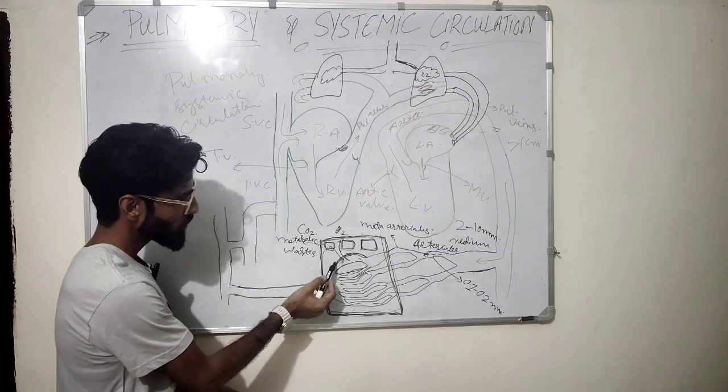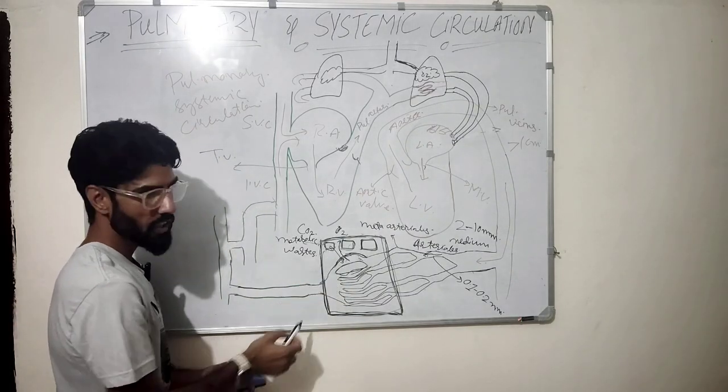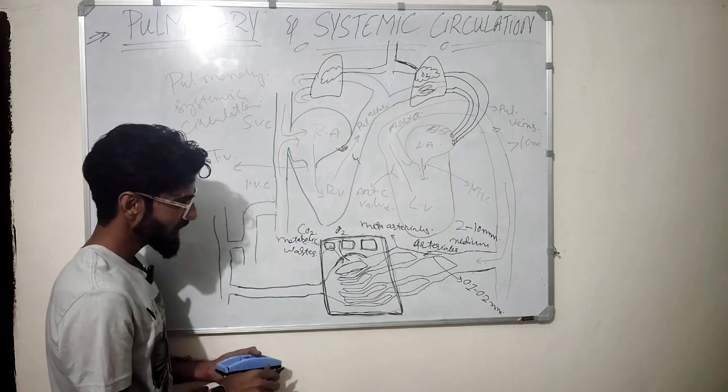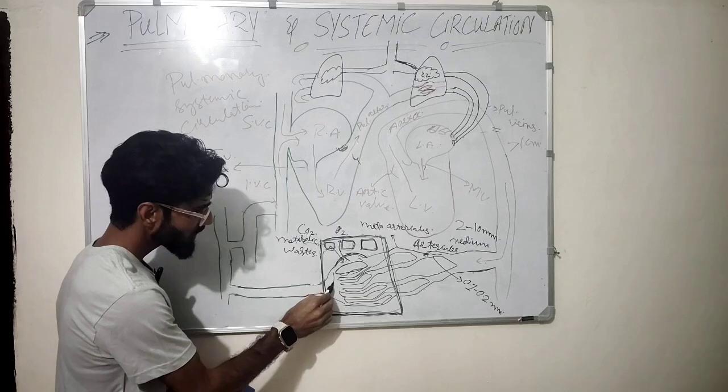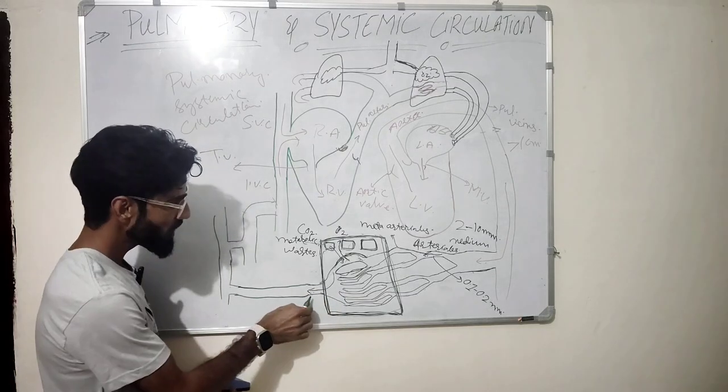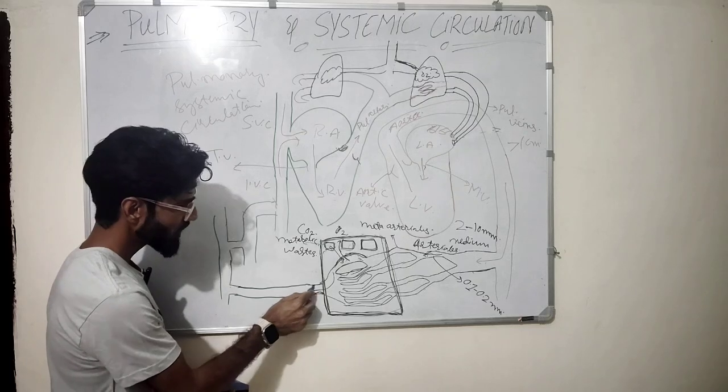Then once the capillary has taken the carbon dioxide and metabolic wastes from these cells, it will drain the metabolic wastes and deoxygenated blood into the venules.